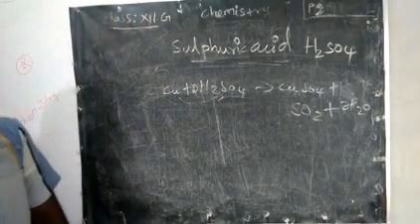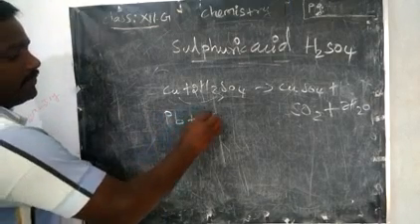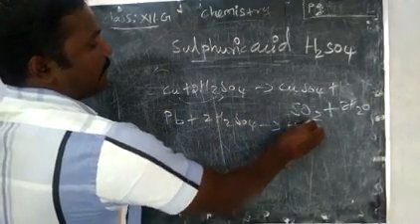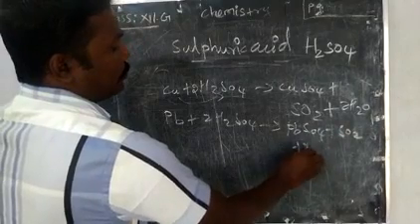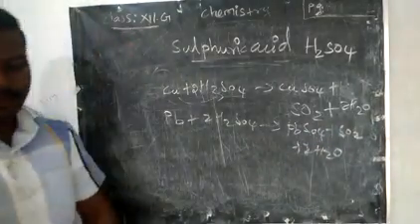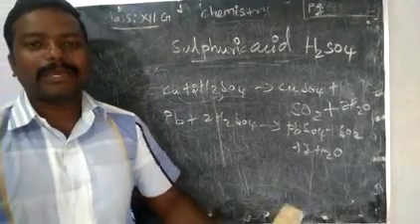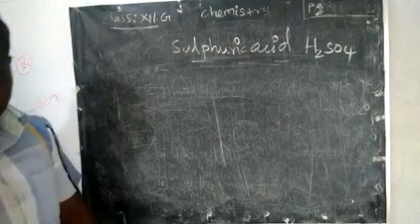Next, reaction with lead, the same reaction. Lead with 2 moles of H2SO4, lead sulfate PbSO4 with SO2, then 2 moles of water. So you must know the similarity of the reactions, then easily you can learn for the exam.